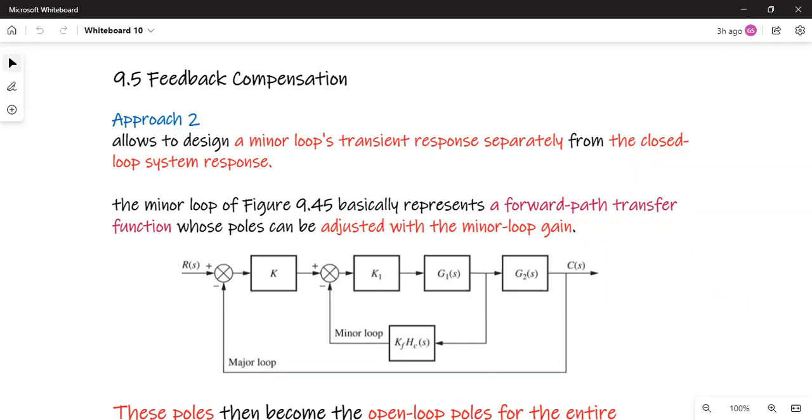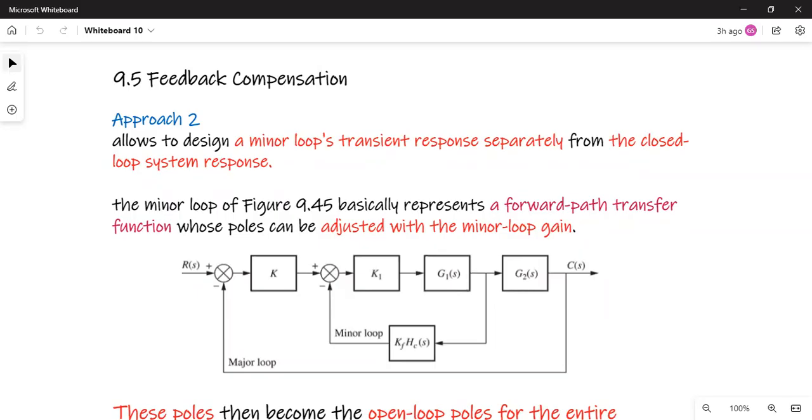In this approach, the designer is actually allowed to design two loops separately. So the minor loop's transient response is designed separately from the closed loop transfer function.